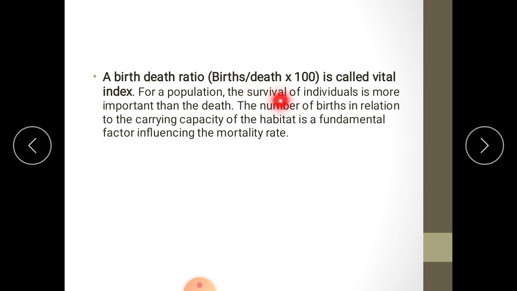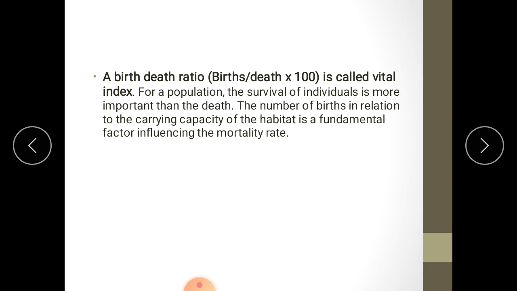The survival of individuals is more important than the death. So this is very important. Death is not important. Survival is important. So how many individuals are surviving? It depends on ecological conditions, on so many factors.